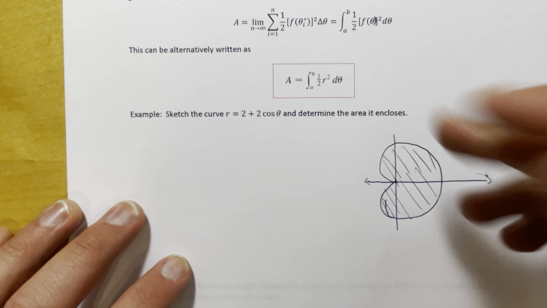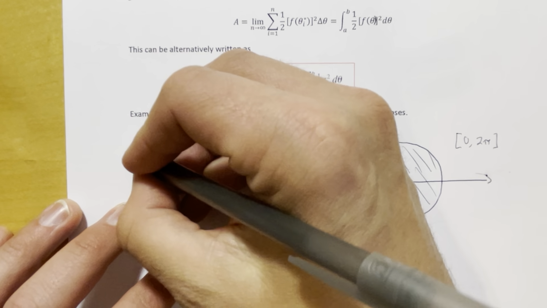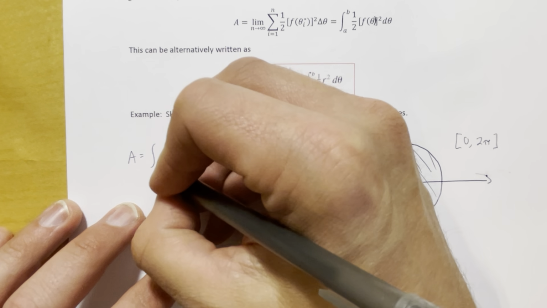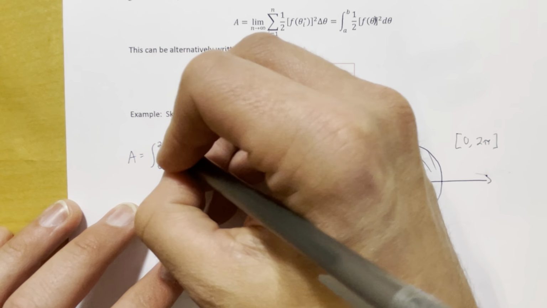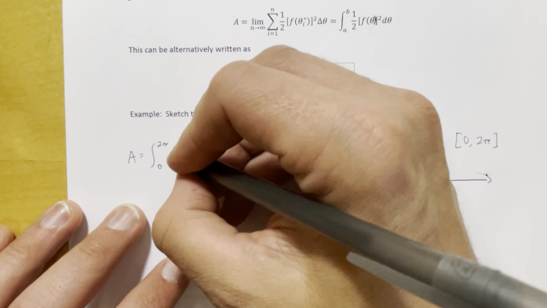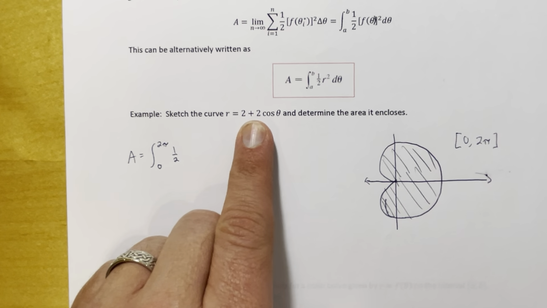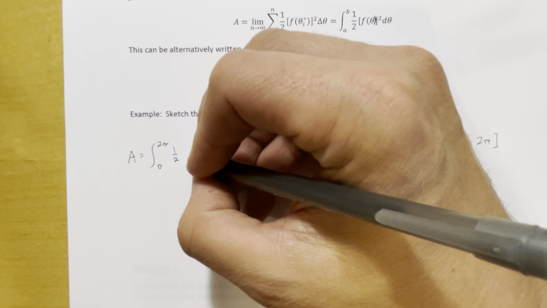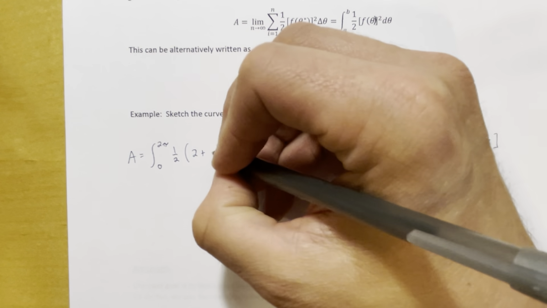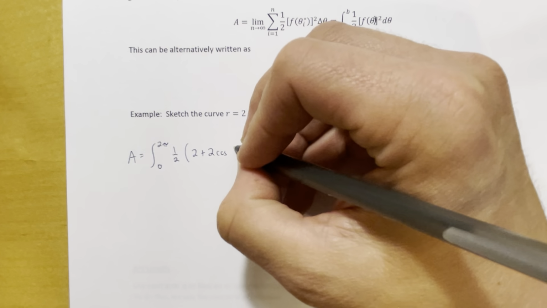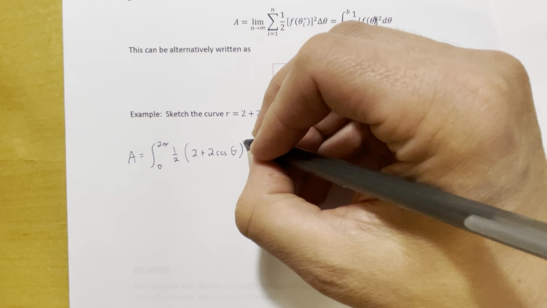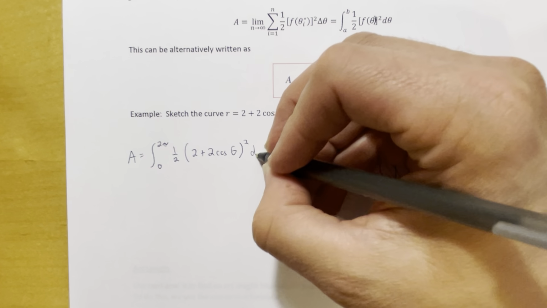So using this formula then, the area is equal to the integral from 0 to 2 pi of 1/2 times r squared. But this is what r looks like. 2 plus 2 cosine of theta all squared d theta.